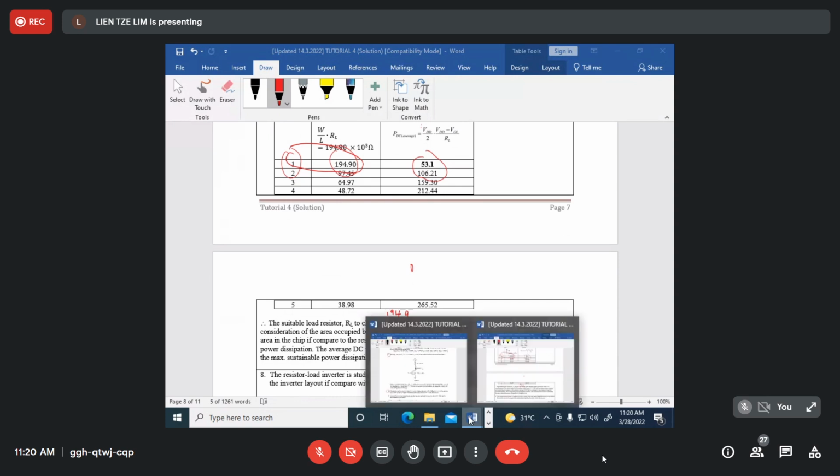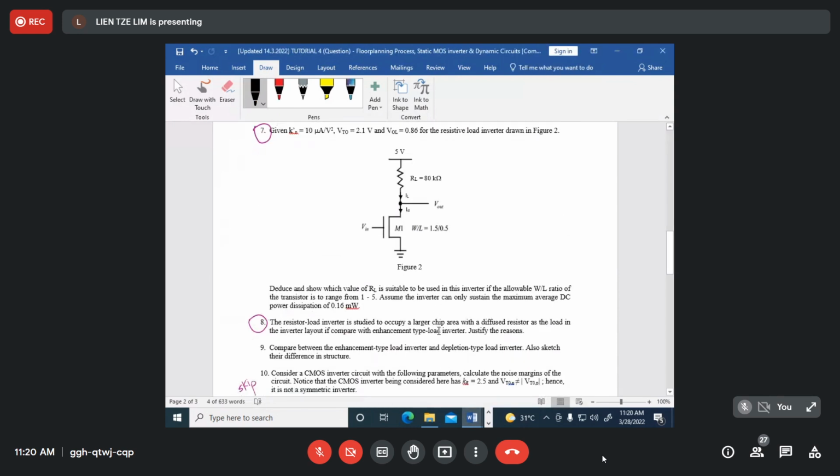So these questions are done. Now I go to question 8. Question 8 is about the resistive load inverter, which is studied to occupy a larger chip area with a diffuse resistor as the load in the inverter layout, if compared with the enhancement type load inverter.